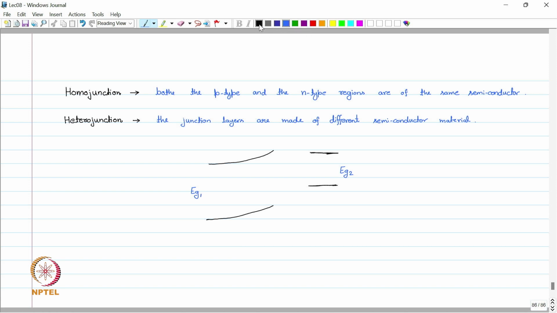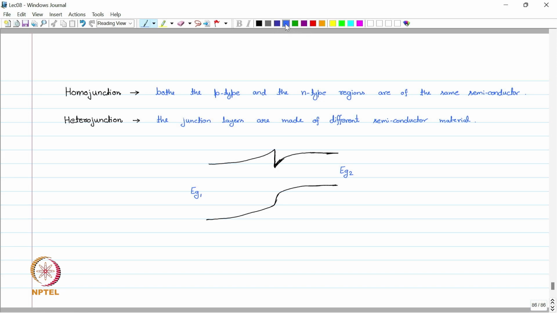So if we join these bands, they are going to join like this. Here we see a sharp change in the energy bands, and we are making a notch here, or the well, as we call it.